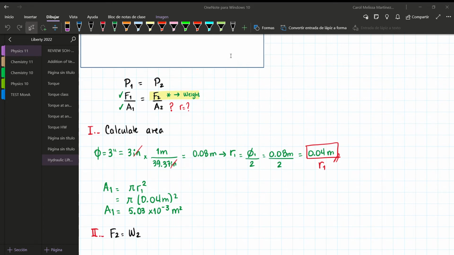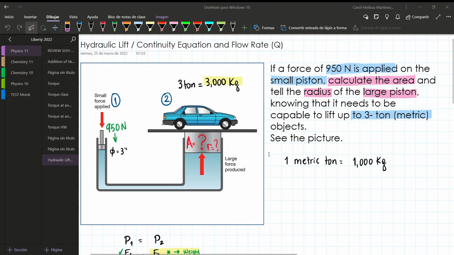It says that the piston should be capable to lift 3 metric ton objects, and we didn't do the conversion. I mean, I did it mentally, but in your quiz or in your exam, you have to show all your work. So the procedure is going to be 3 ton.